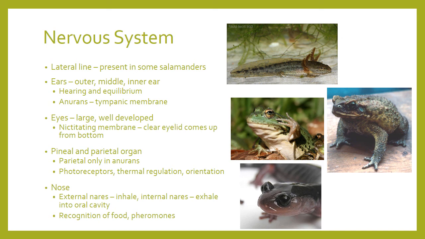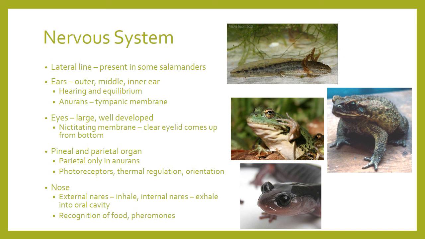Then he found his way back to his original spot, and the next year went to the exact same breeding spot. And so that's some pretty crazy orientation for a tiny animal that's just hopping along the ground. And the pineal and parietal organs are what kind of help with that orientation to those places.